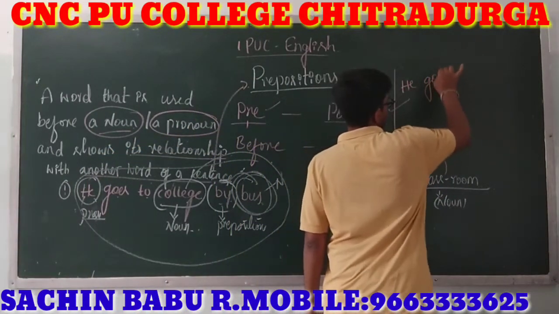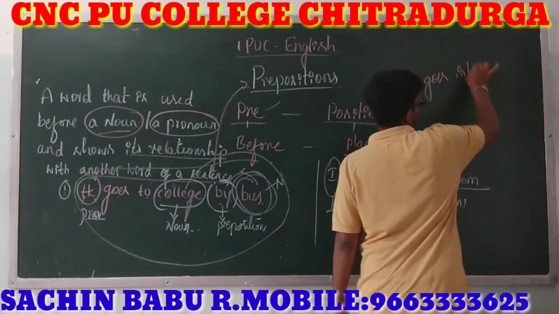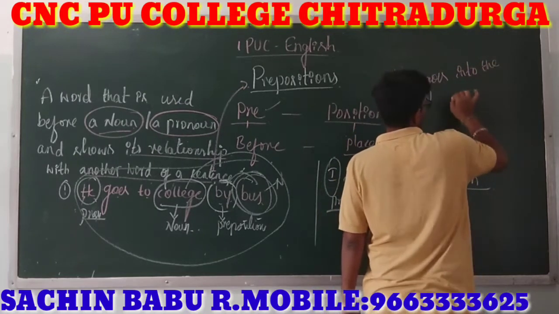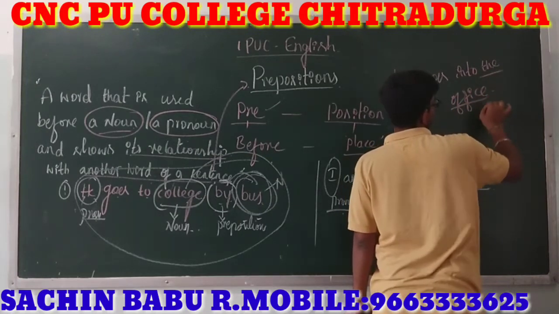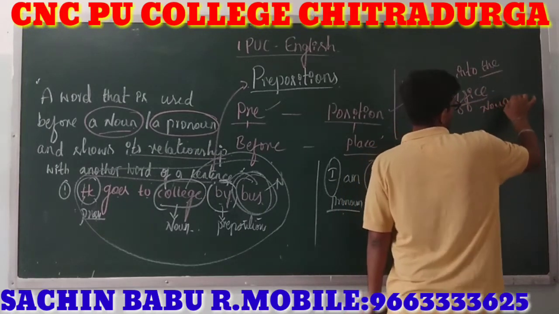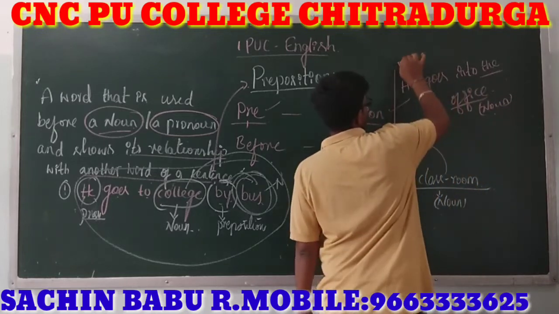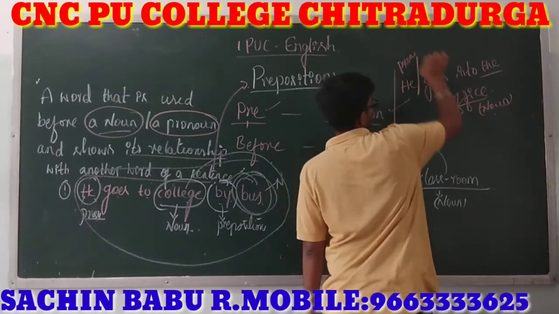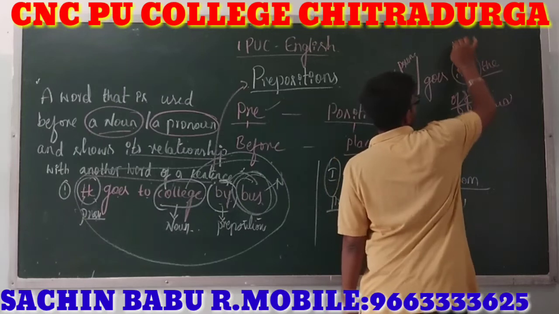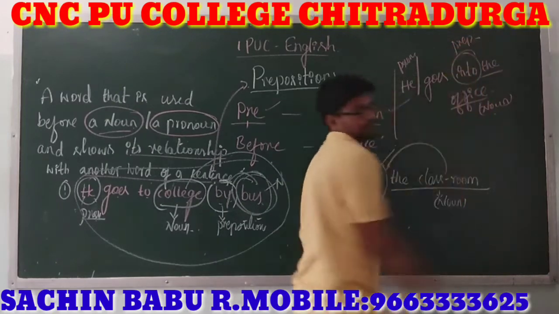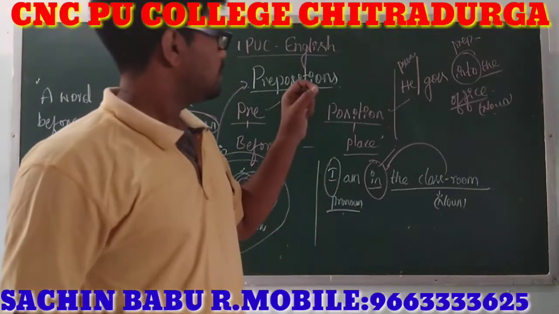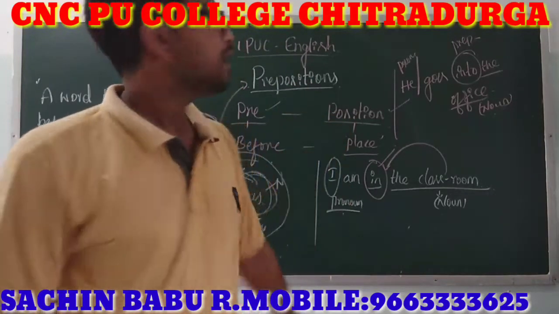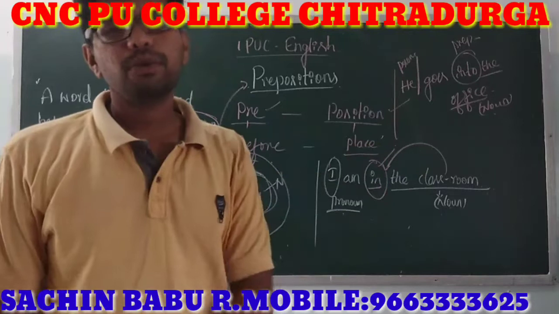He goes into the office. So here office is a noun, right? And he, it is pronoun. And here into is a preposition. Got it? He, it is a pronoun, office is a noun, and into is a preposition.